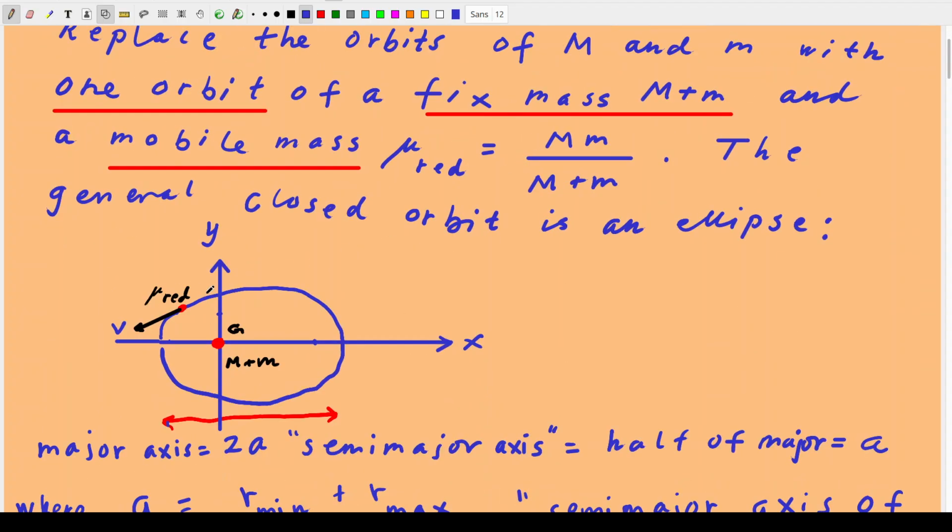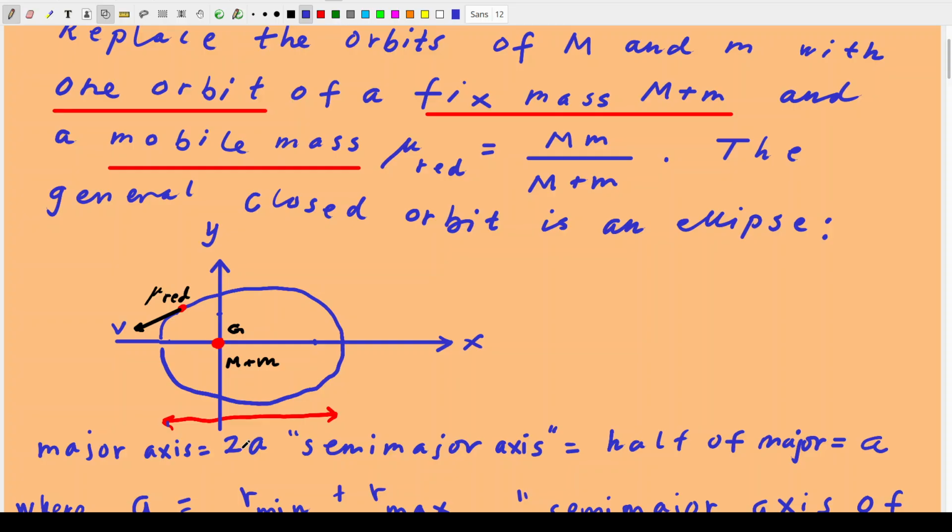If we look at a general closed orbit solution to Newton's equations, we get ellipses or a circle, but that's just a special case of an ellipse. So the major axis, this distance here to this distance here, is called 2a.